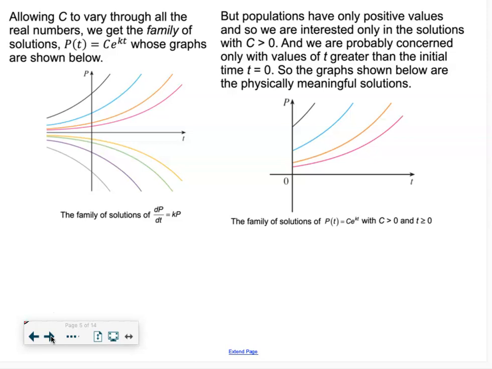If it was all of them, it'd just be a big solid block of lines, right? But let's say we graph it where C is 1, 2, 3, and 4. Then you get these different exponential growth graphs. So this would be called the family of solutions to the differential equation.